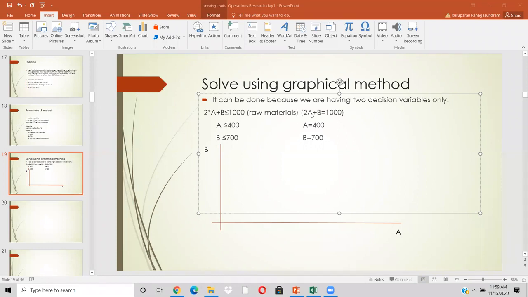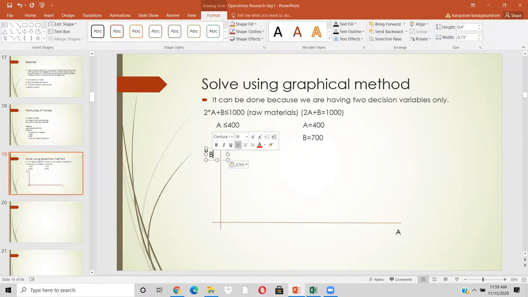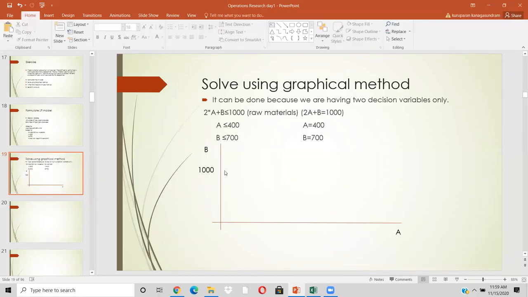By substituting 0, what will be the value for b? That will be 1000. There will be a cutting point here. Just mark it here, 1000.